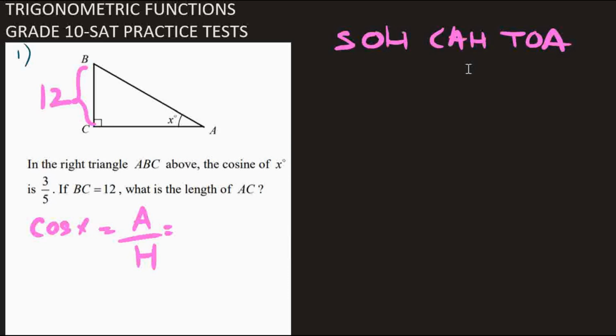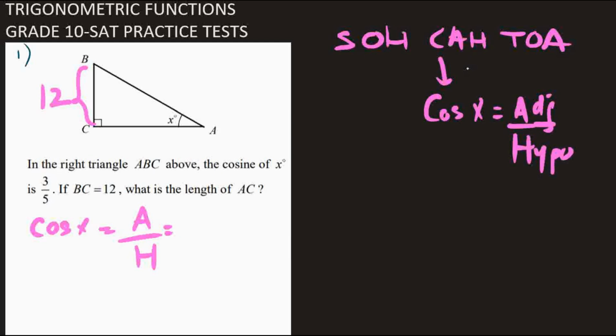CAH is for cosine. Cosine x equals A over H. A is the adjacent side, H is the hypotenuse side. Adjacent side in here is this one. This is the hypotenuse.